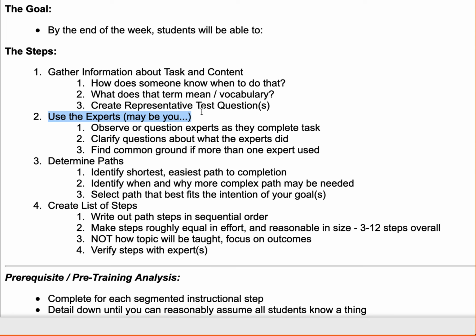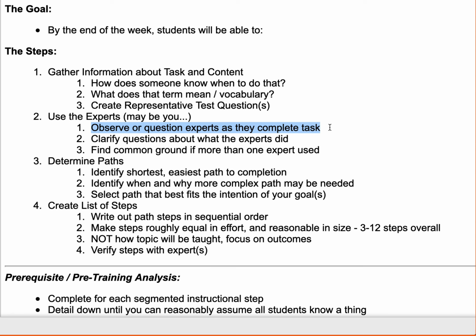And obviously in many cases, especially if you're doing this for your own classroom, you may very well be the expert that you're drawing from. But in some cases, you may be trying to cover a skill or a subject area that you're not as familiar with. In which case, if you can find somebody who is an expert in that field or an expert at doing whatever the thing is you're trying to teach, trying to get connected with them can be a really useful thing, because what you want to do is actually watch the person complete the task that you're trying to get your students to complete.